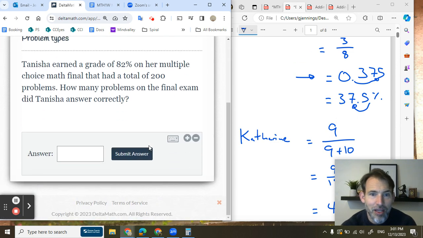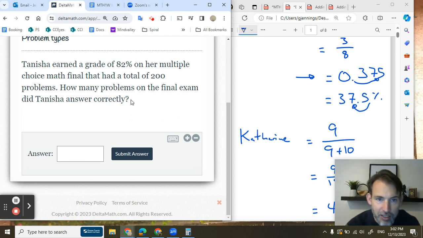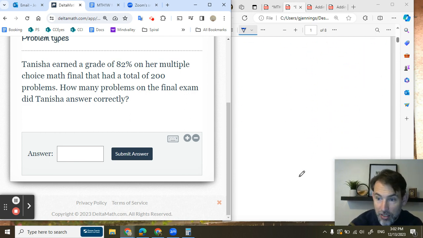Okay, level 1. Tanisha earned a grade of 82% on her multiple choice math final that had a total of 200 problems. How many problems on the final exam did Tanisha answer correctly? Okay, here. I've been saying over and over, start with a guess. So here, if you know that there were 200 questions on the exam and she got less than perfect, but pretty good, like an 80, that's good.